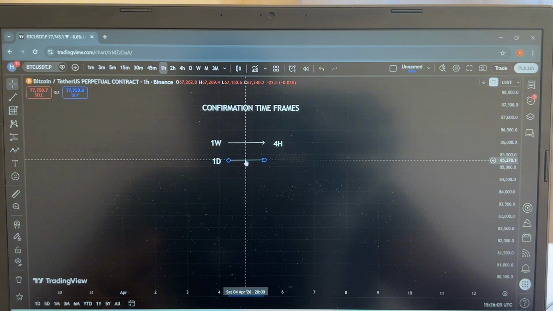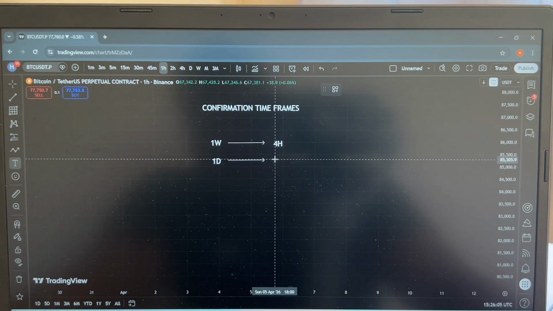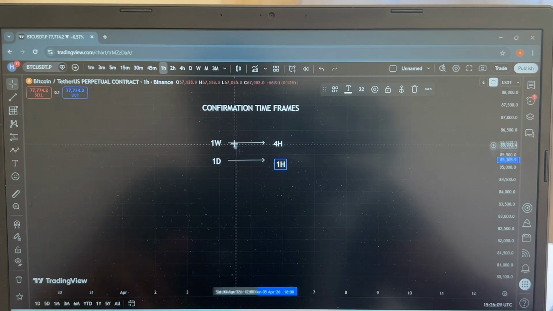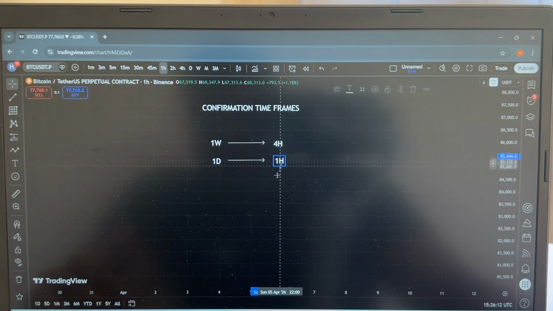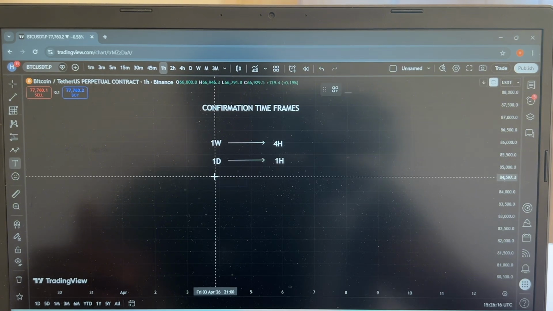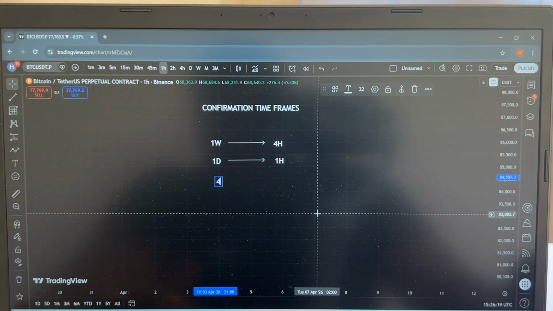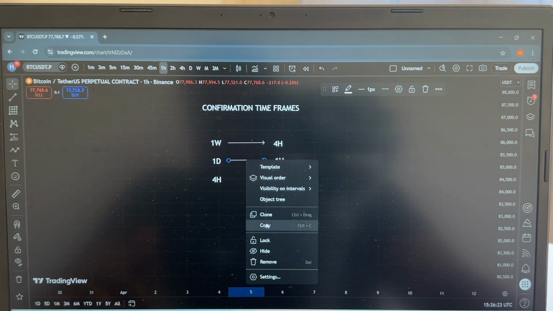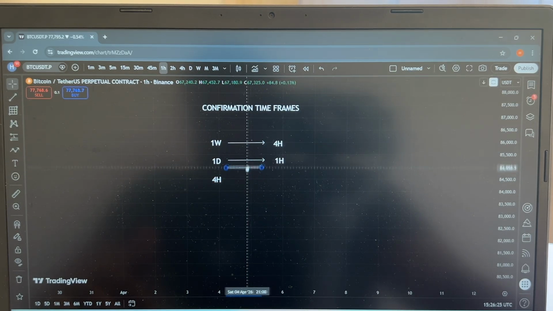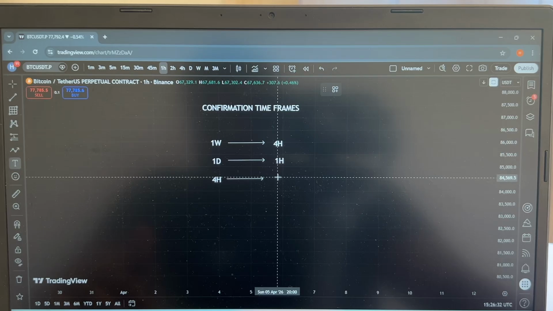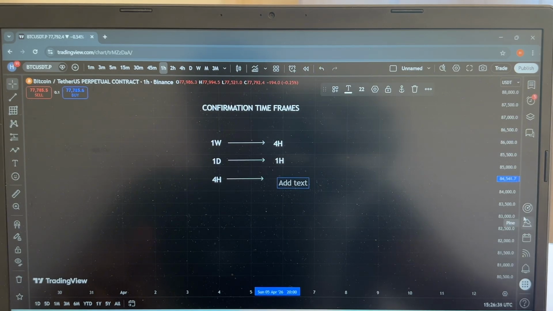So this is daily, and for daily you have to go to the 1 hour time frame. Then there's 4 hour, and for 4 hours you have to go to 15 minutes.